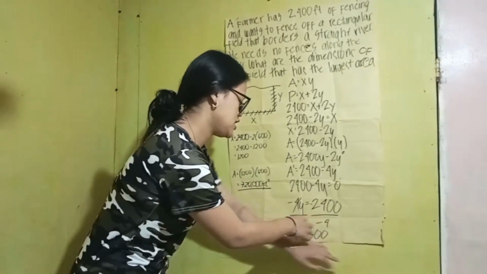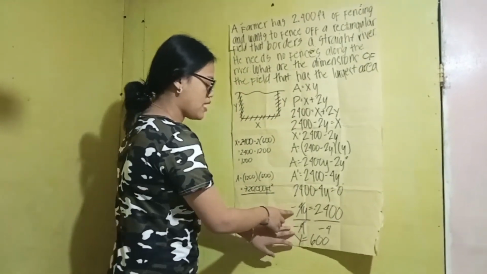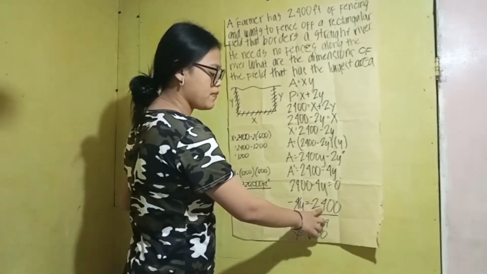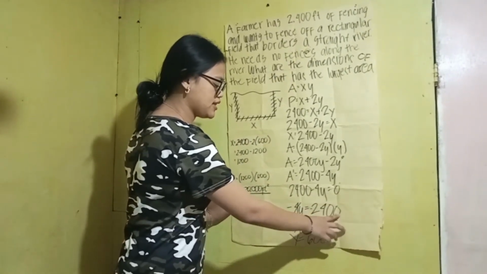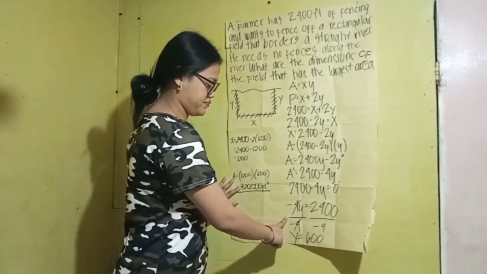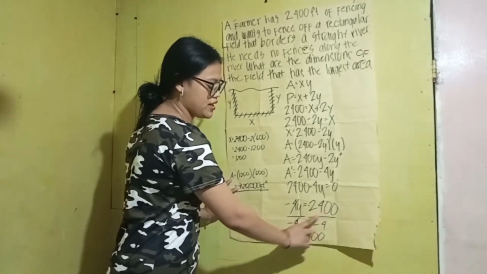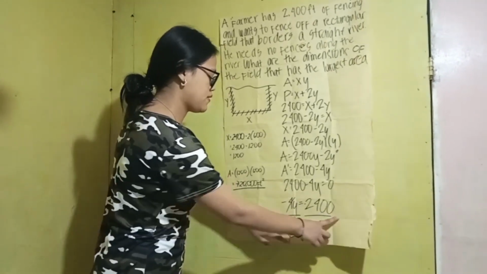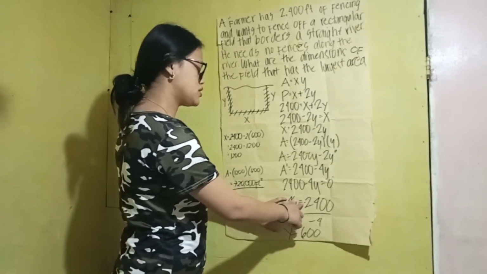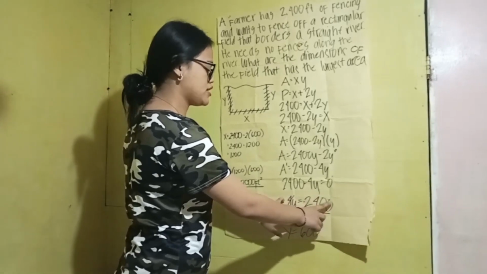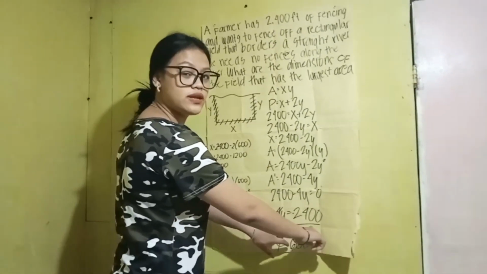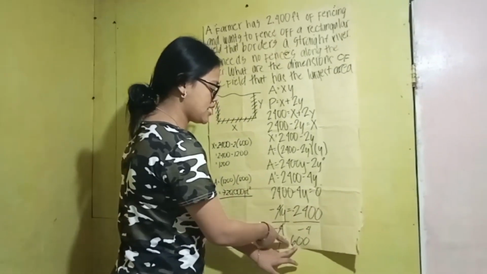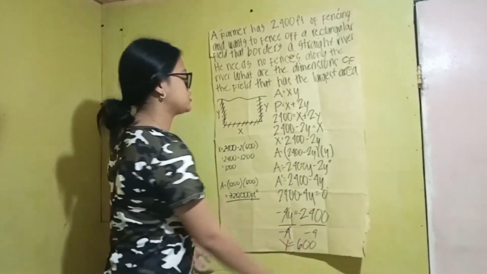As you can see, negative 4y equals negative 2,400. Negative 2,400 divided by negative 4 equals y, so y equals 600.